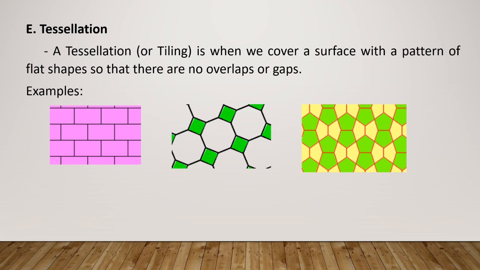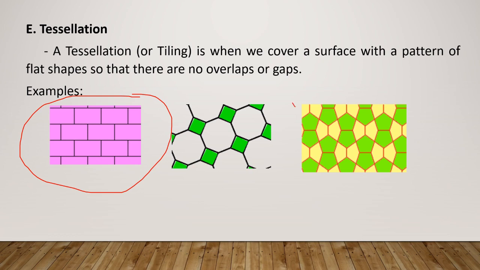Then we also have desolation or tiling. It is when we cover a surface with a pattern of flat shapes so that there are no overlaps or gaps. Like for example, this one. So we cover the surface with rectangles and then we join them together to create a pattern.